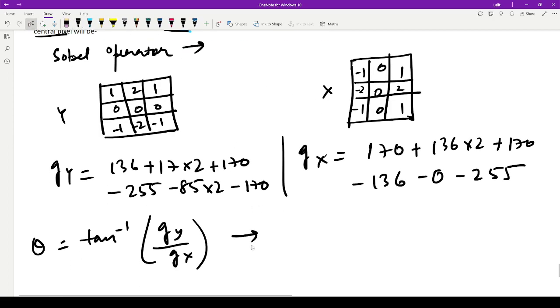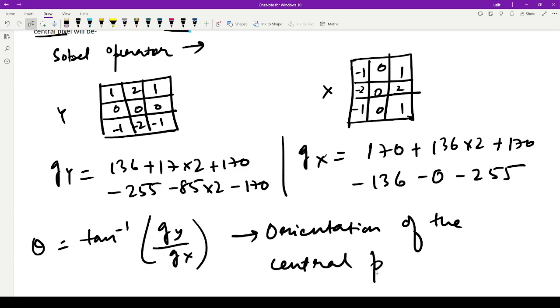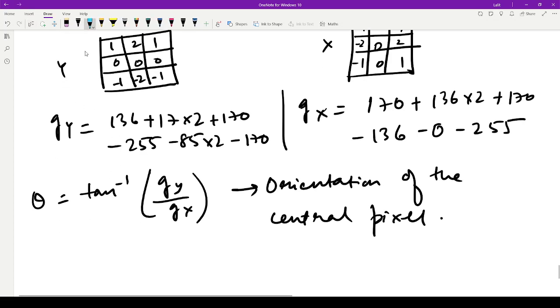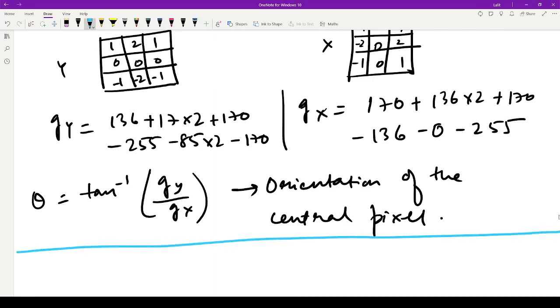So this is what they are looking for. Is it fine? Okay, I guess it's fine then. We'll move on to the next one.